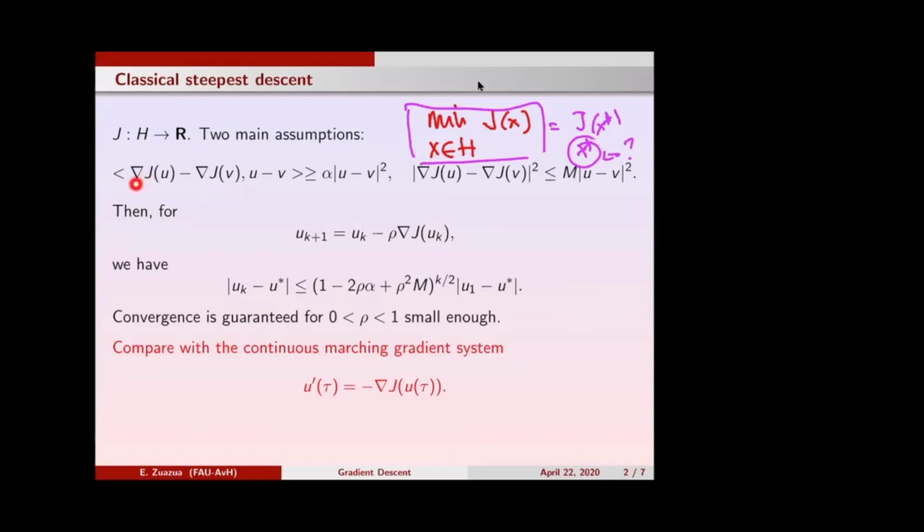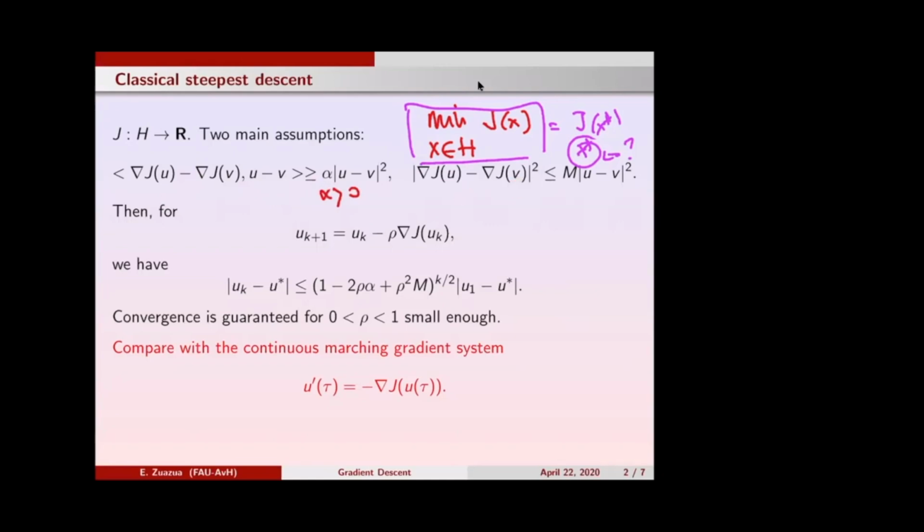So you compute the first derivative of J, the gradient of J. The gradient of J at any point U is an element of the dual of H that you can identify, by the Riesz theorem, with itself. So you compare the gradient at two different points. You take the difference, you multiply by U minus V, and you want this coercivity property, of course, with a constant alpha that is assumed to be positive. So this is the strict convexity of the functional J. And the second condition is an upper bound.